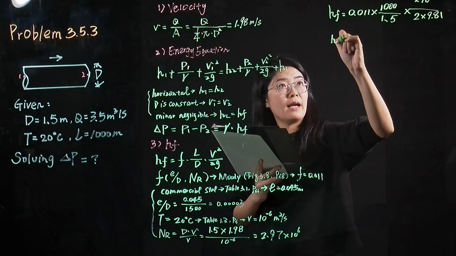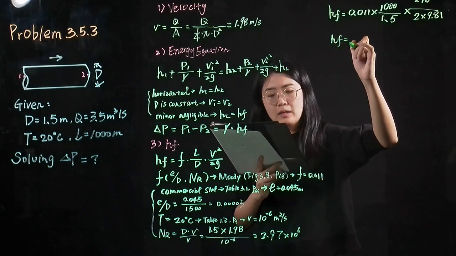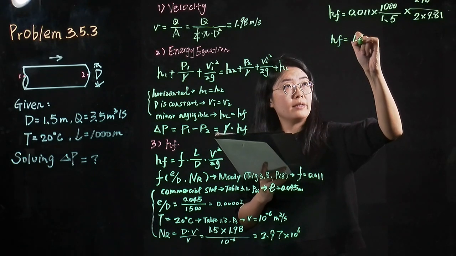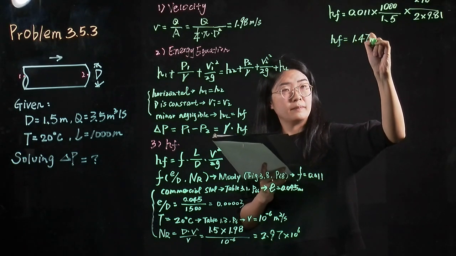So the friction head loss is equal to 1.47 meter.